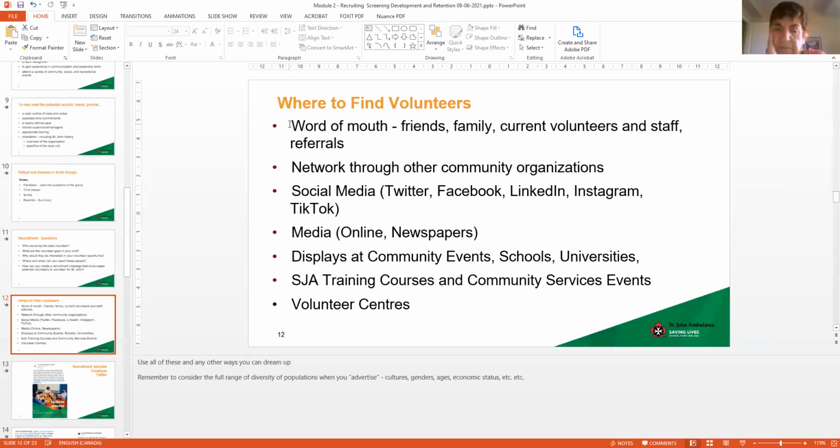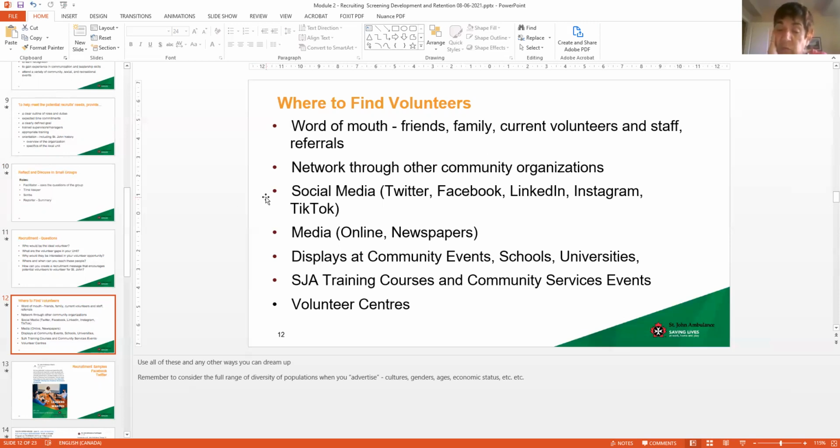I think they could brainstorm if they wanted. It's a question: where to find volunteers? If you're going to have this here, I would ask which one are you more familiar with, and which one are you not comfortable with, and then break it up in the group.